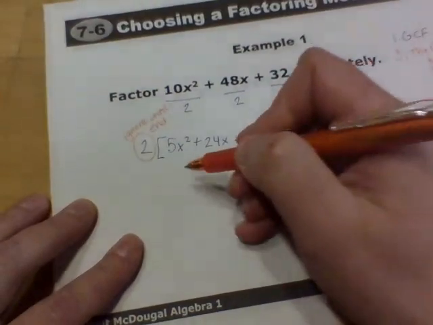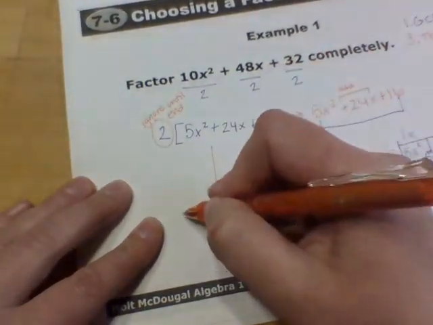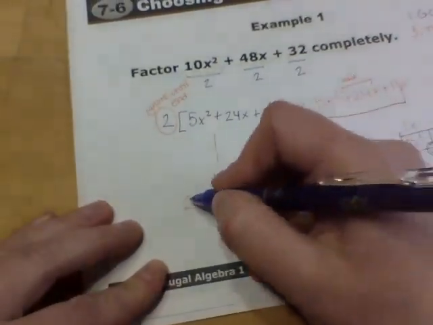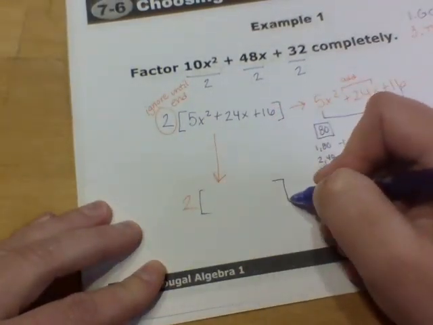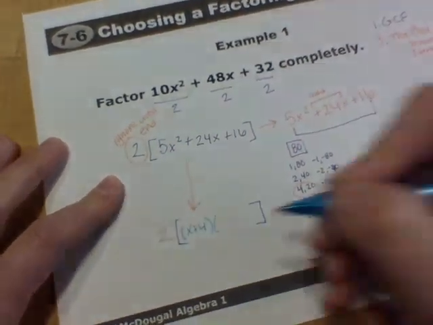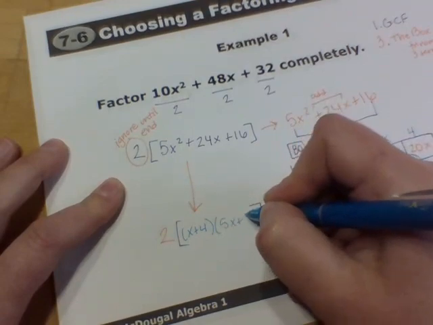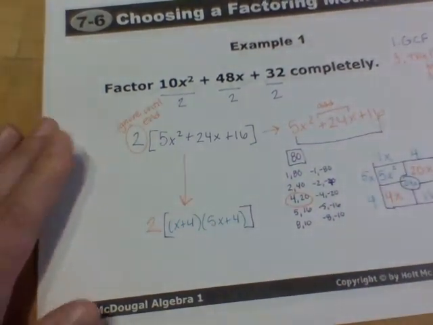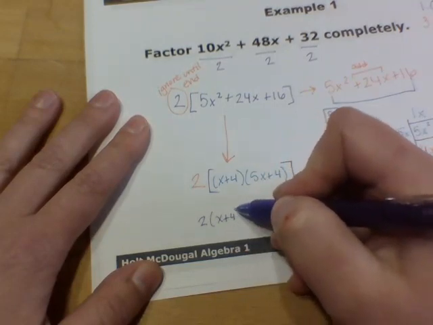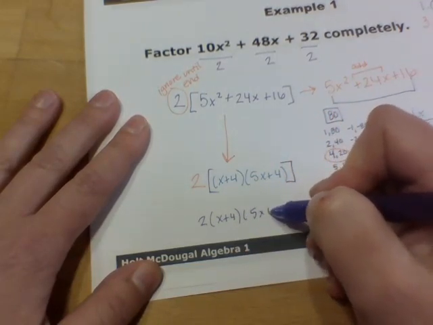That is not the answer because the answer actually has a 2, and then the result of what we just got here, which was x plus 4 and 5x plus 4. So our answer is going to be 2 out front, x plus 4, 5x plus 4.